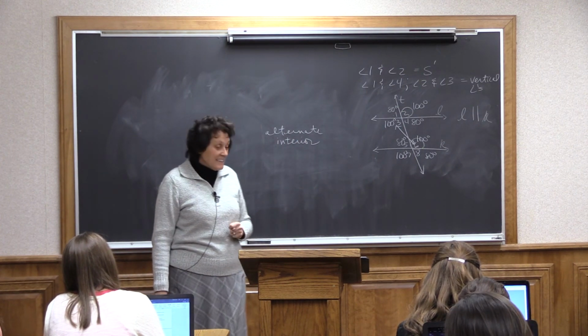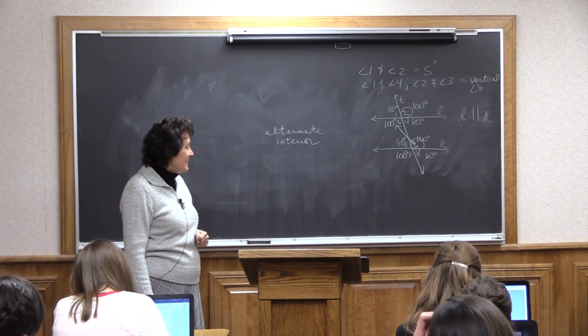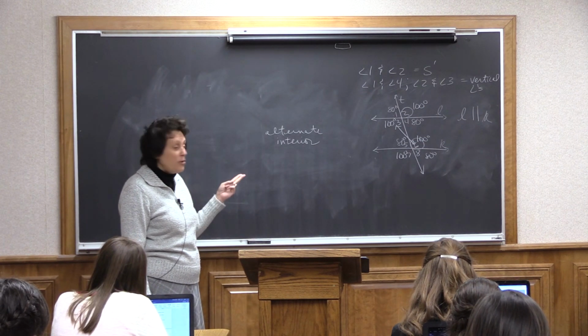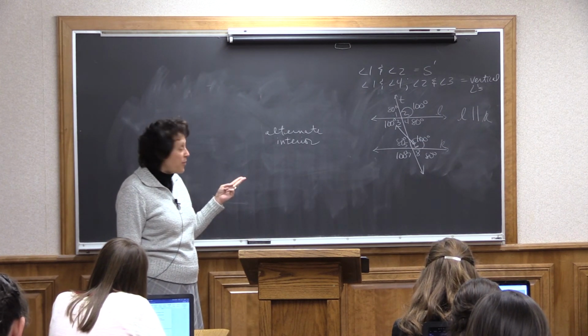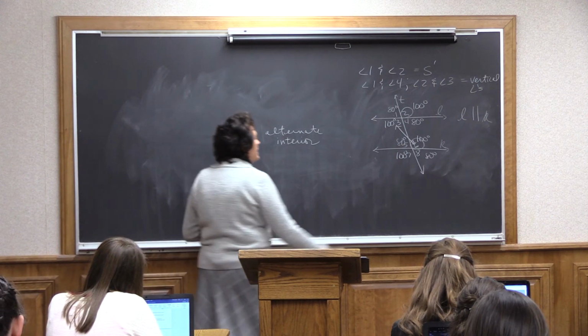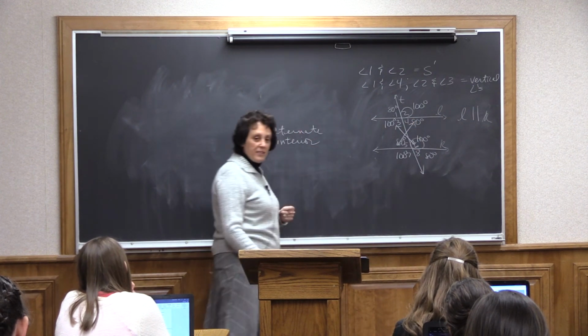So 6 is 100 degrees because it is corresponding to 2, and it's alternate interior to 3. Okay? Same thing here. 4 and 5 are alternate interior.